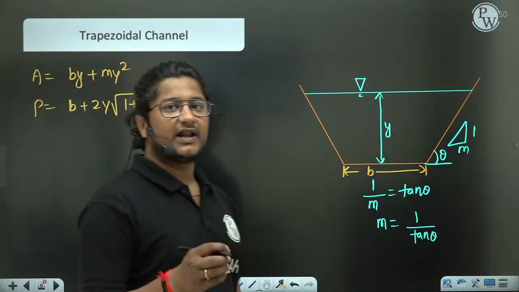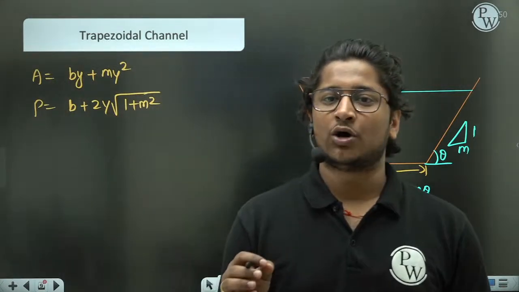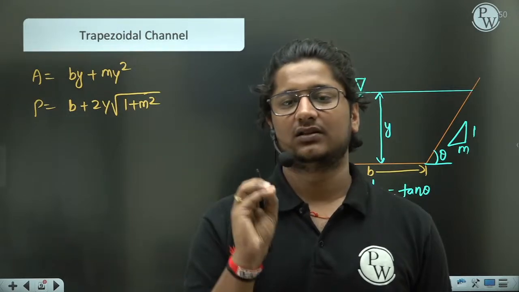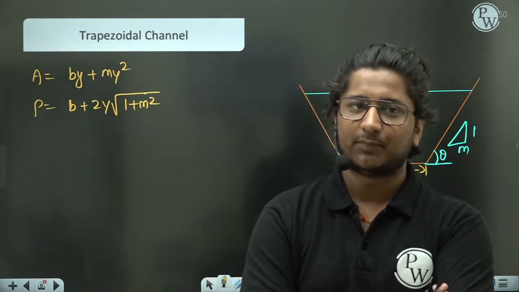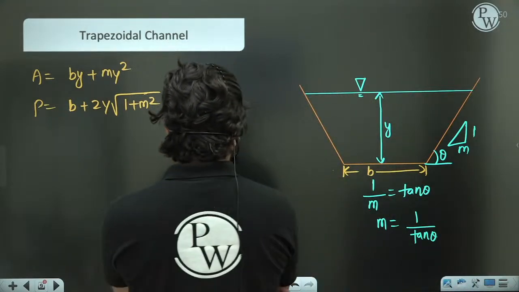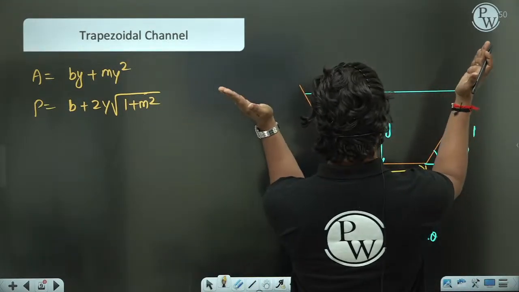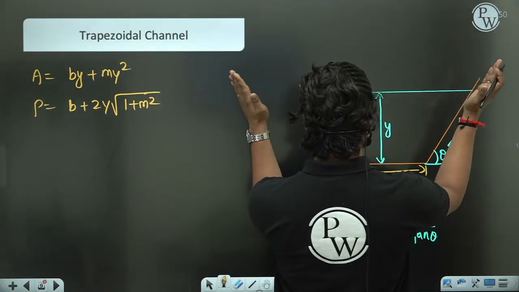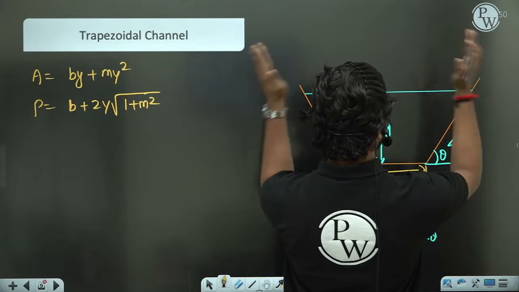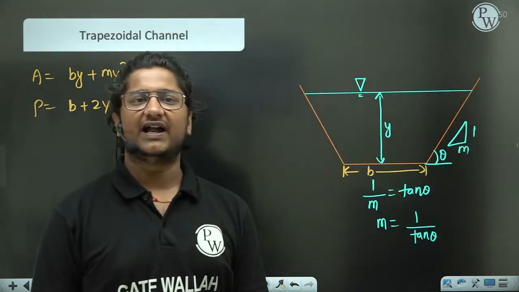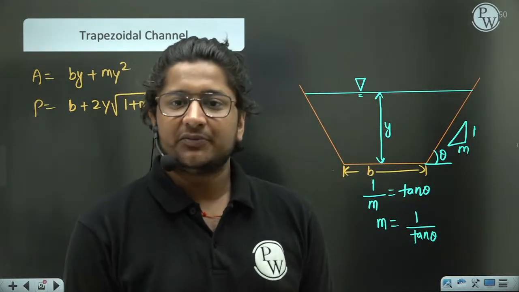Now here, as you know, the trapezoidal section is a combination of rectangle plus triangle. So both types of things will come. So here two cases are possible. If you are changing the slope of the side slope, accordingly depth will also change.